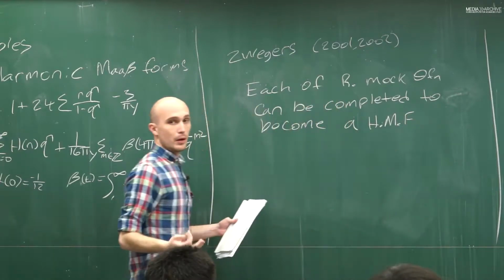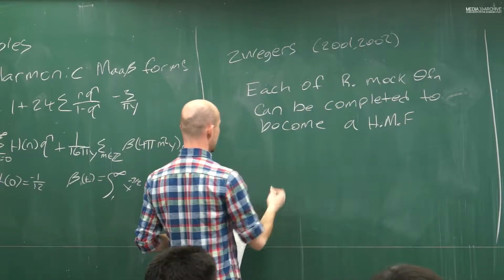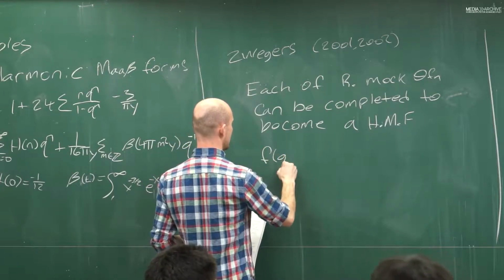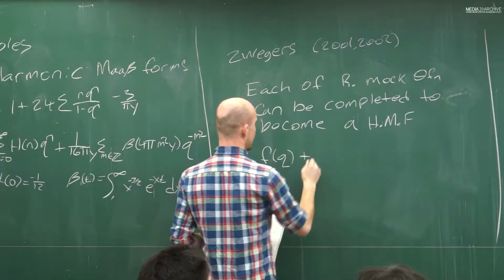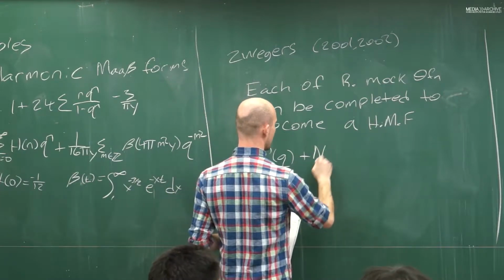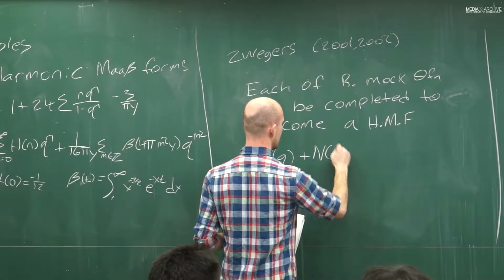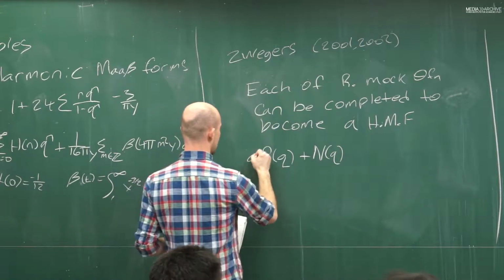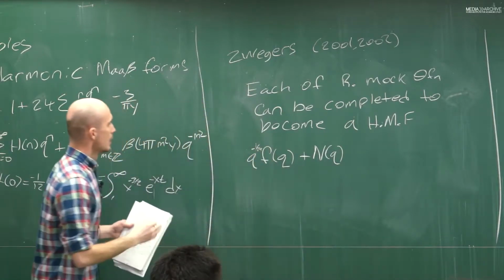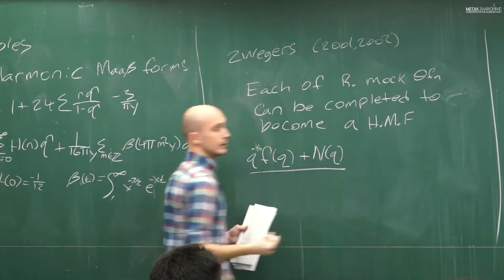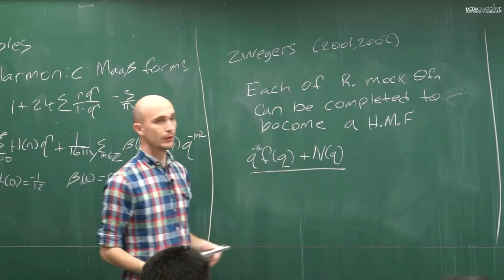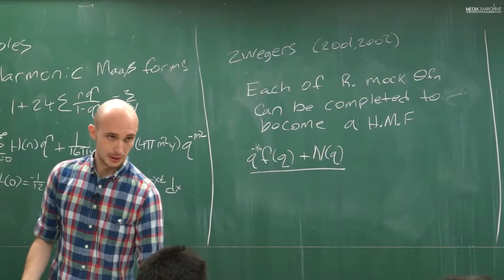Given, for instance, the example that I showed earlier, the f(q), there is some non-holomorphic function. Let me call this N(q), and then I need to multiply this by q to the minus 1/24, so that this function is a harmonic Maass form. You can show that you can do this for every one of Ramanujan's mock theta functions.